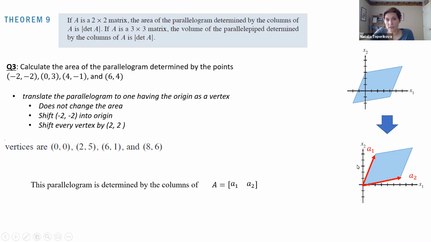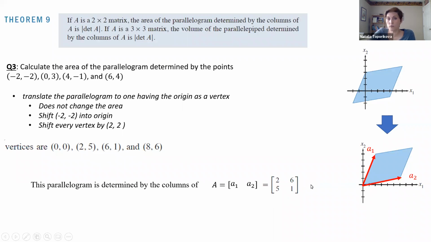The first vector, A1, goes from the origin to the point (2, 5), so we write this vector (2, 5) as the first column of the matrix. The second vector, A2, goes from the origin to the second vertex, (6, 1), so we put it as the second column.